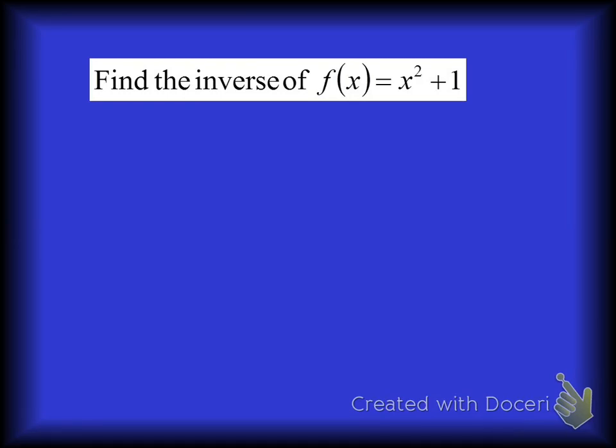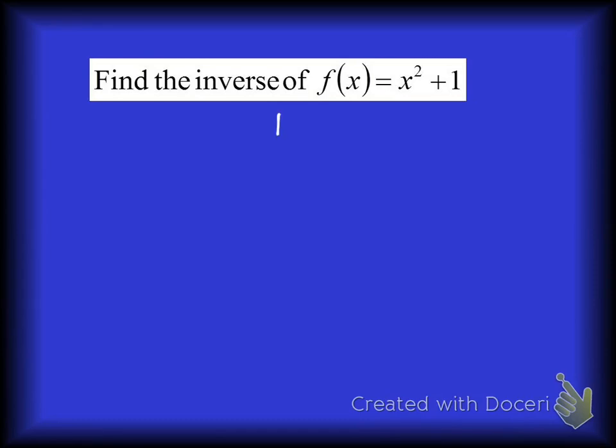Okay. So another one. Find the inverse of f of x equals x squared plus 1. This moves into the different situations, the different notations that I can give you, and what all I can give you. All right, this is a good example of that. But same four-step process.